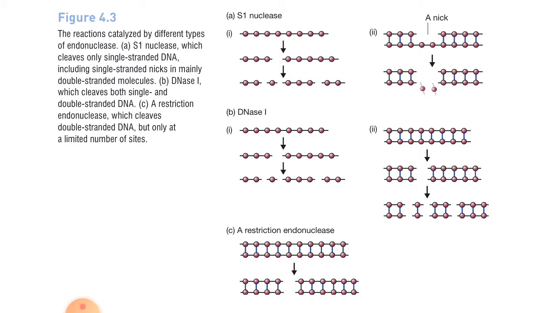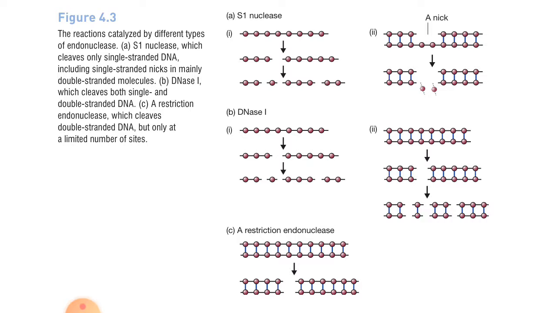This S1 nuclease is an example of endonuclease. So it cuts the nucleotide sequence in between. DNase: you can recognize the name of the enzyme, it always ends with ase.